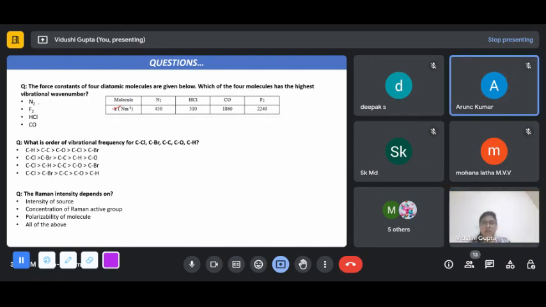F2. Why F2? Because wave number is directly proportional to force constant.